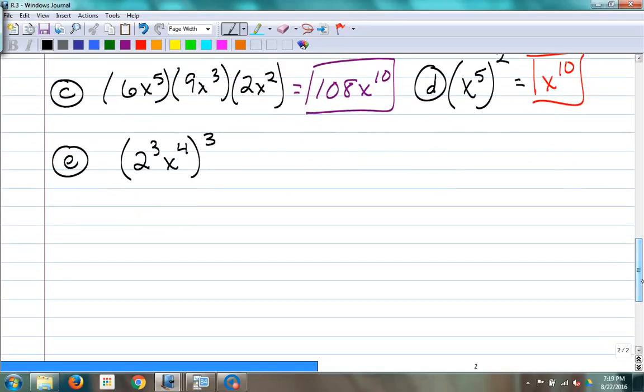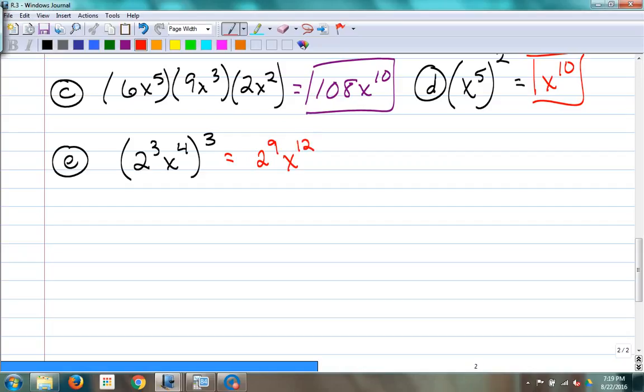But there's parentheses with the exponent outside. So that tells us to do what with the exponents? Multiply. Which ones get multiplied by 3? Both of them. Even though that's an exponent on a number, it ends up being 2 to the 9th power and x to the 12th power, or 4 times 3 being 12, right?